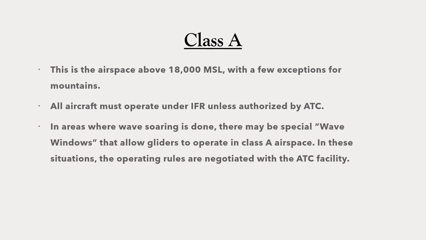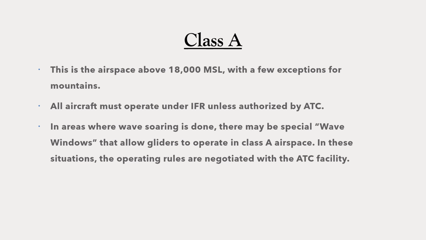There are exceptions for wave flying. You might have talked to other glider pilots who talk about wave flying where they get up to 25,000 feet or something. And you wonder, well, how do you do that? Are they IFR? Well, usually the way that happens when there are good wave conditions, there'll be a negotiation with the air traffic control facility, and they make arrangements to have something called a wave window.